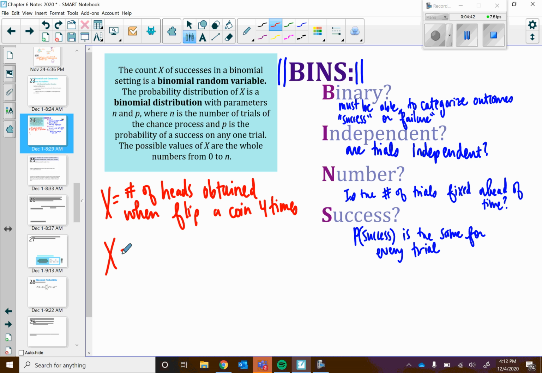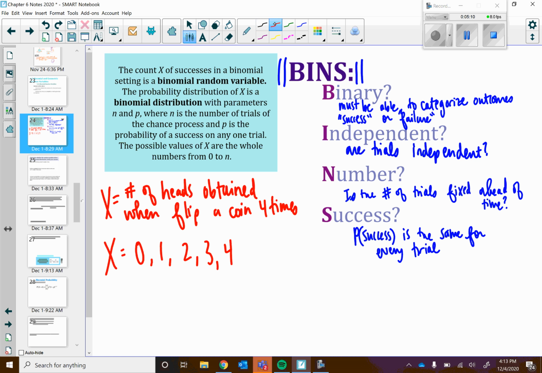If I'm flipping a coin, I'm either going to get heads or I'm going to get tails. And if I flip a coin 4 times, I could get 4 heads, or I could get 3 heads, or 2, or 1, or none, right? I could get all tails, which would be 0 heads, 1, 2, 3, or 4 heads. This is a random variable. Let's consider, is it a binomial random variable?